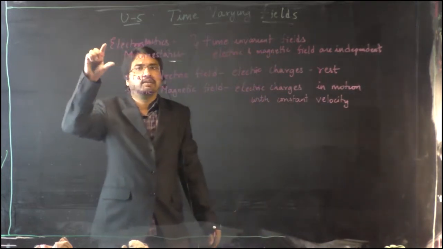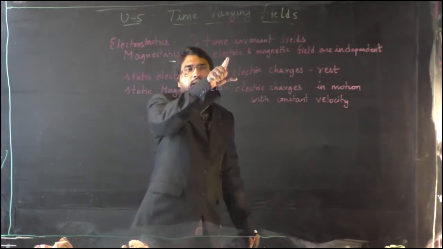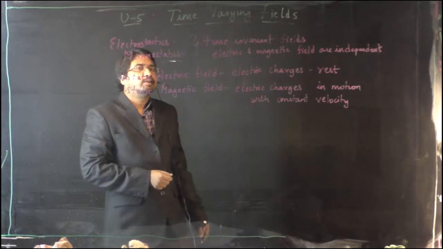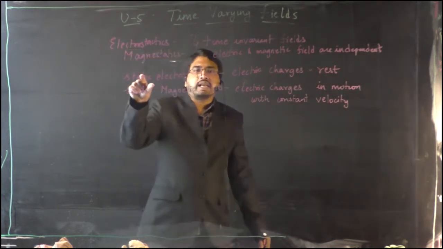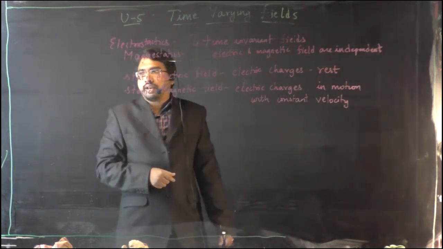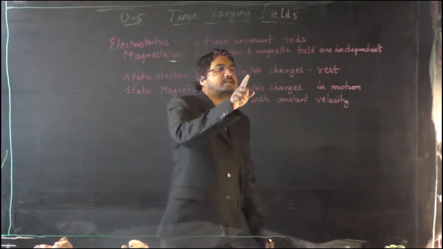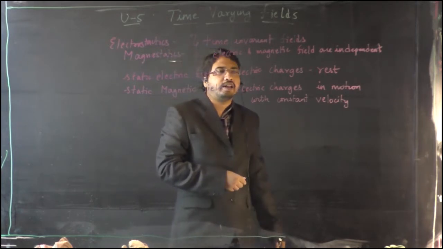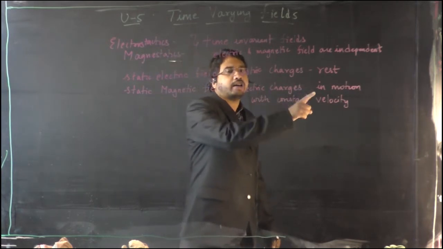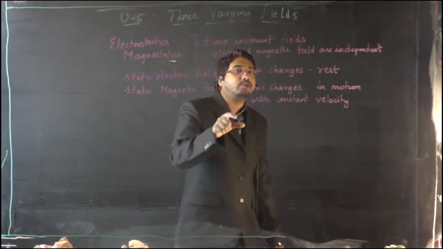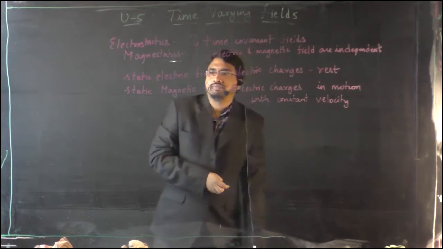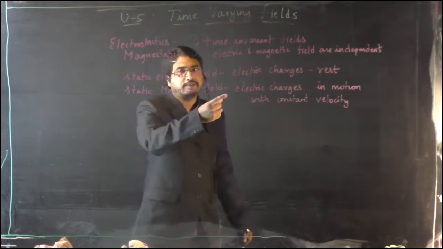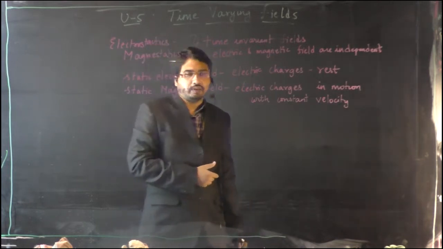Static electric field is produced whenever the electric charges are at rest, and static magnetic field is produced whenever the electric charges are in motion, but moving with a constant velocity. So this is the information about the time invariant fields in our first unit and second unit.